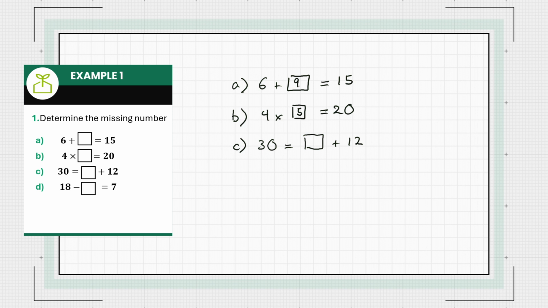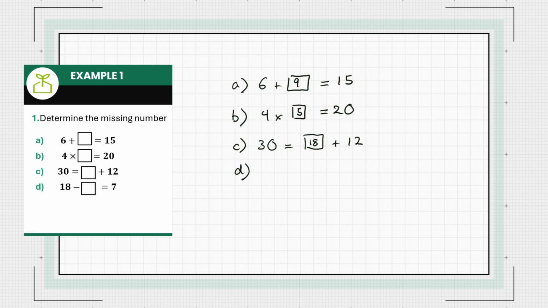Well, maybe we put in 10. That's equal to 22. Still too low. So let's add another one. 12 gives 24. Still too low, so we're going to go higher. 14 gives 26. Still too low. 16 gives 28. And then finally, you would go to 18, which is going to be 30.